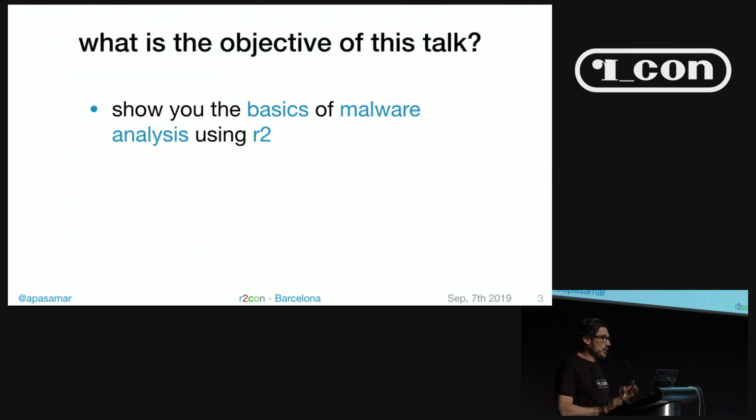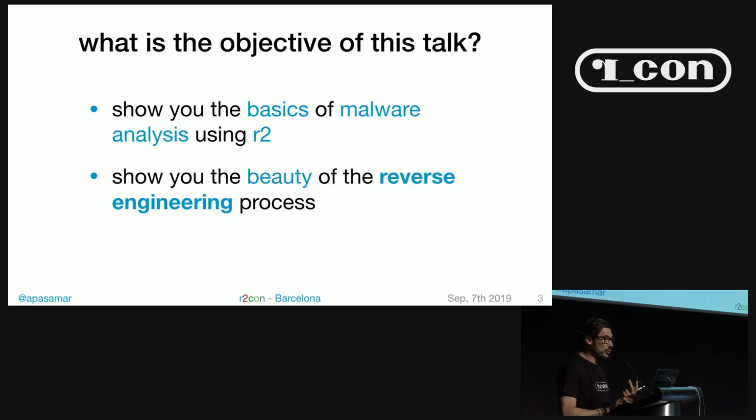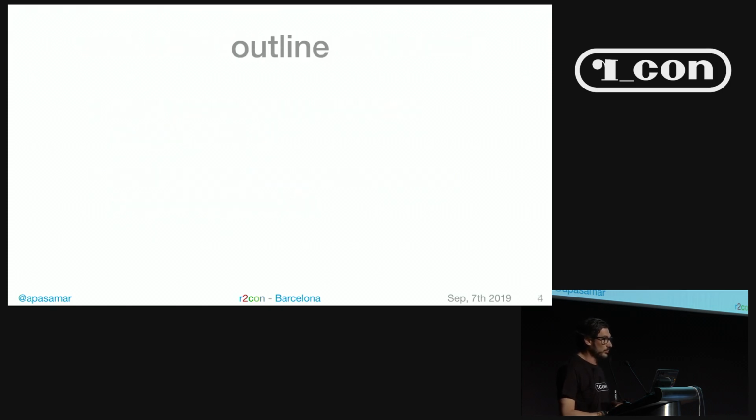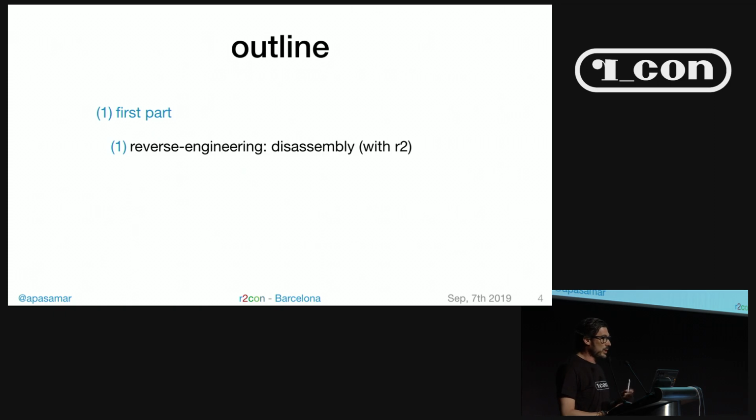Well, what is the objective of this talk? The main goal is to show you how to analyze Windows malware with radare2, but also to show you the beauty of the reverse engineering process for those who want to start doing that. The outline is very basic. We are going to review the disassembly concept as some fundamentals, and also some tips about malware concepts.